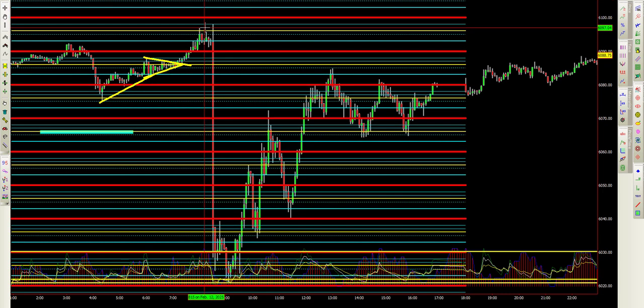Perfect. When it is resting here, if you want to participate in this news event, what you are going to do, what we did, we put a short here at the red line because we know they're going to manipulate the market.